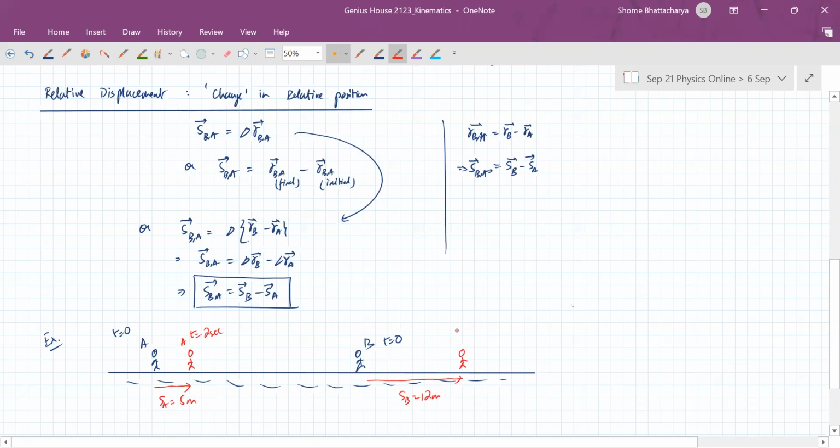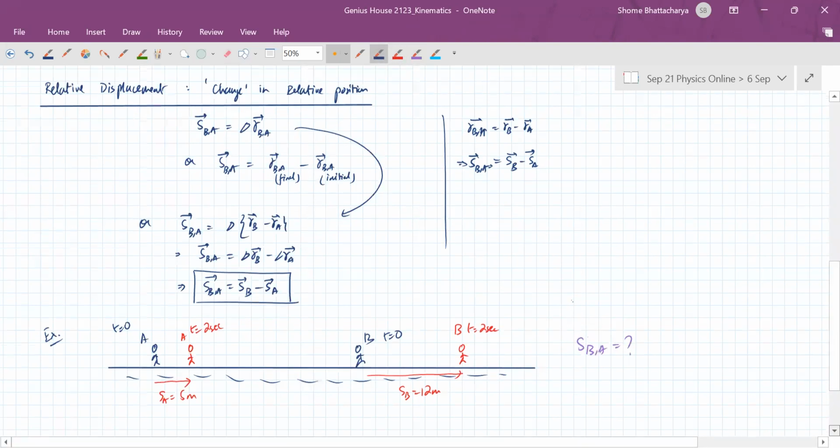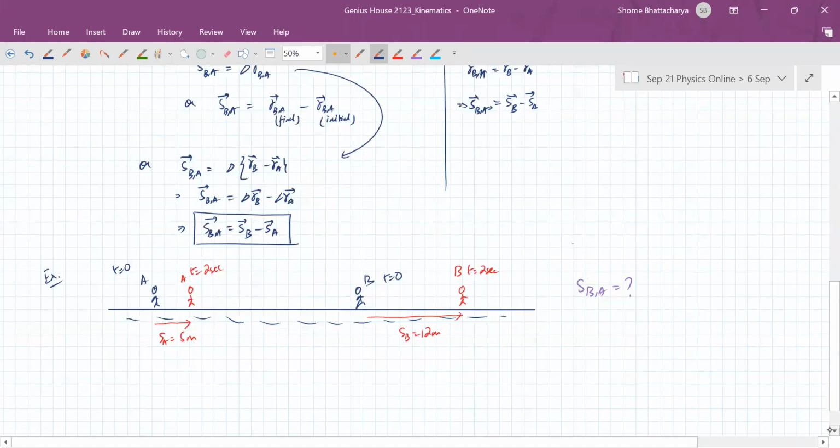Okay. And in one dimensional notation, I'm showing both only as scalar quantities. Now I want to find what is the displacement of B with respect to A. It's one dimensional, so I'm just writing in scalar notation. So let's understand this conceptually first.